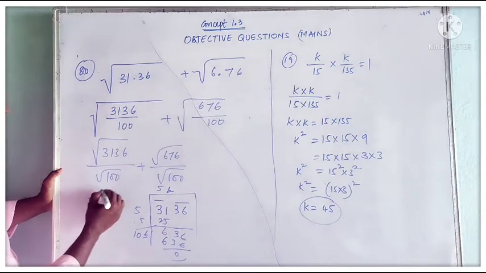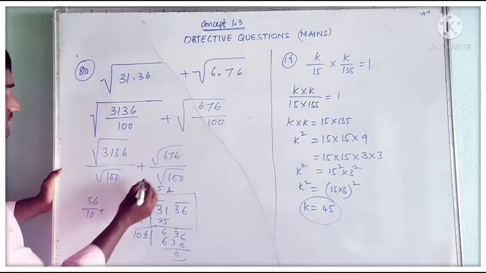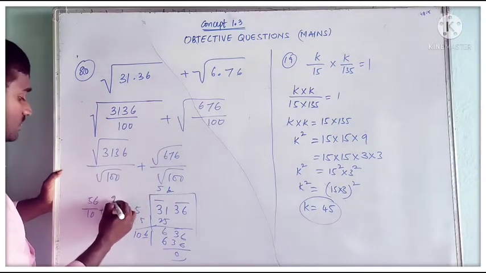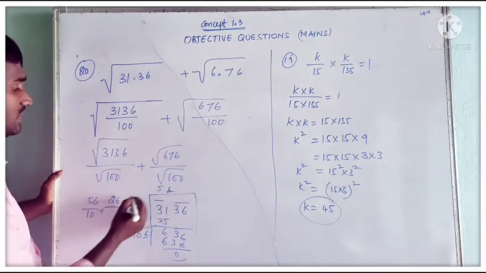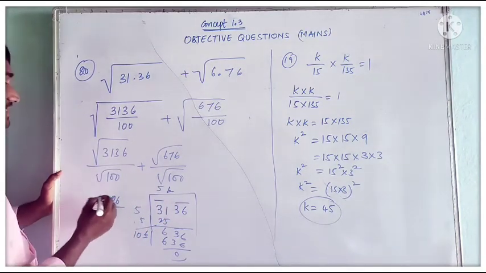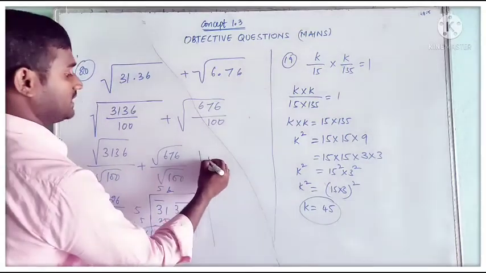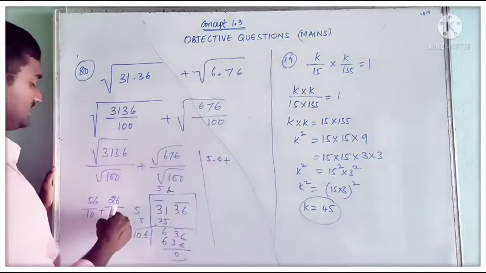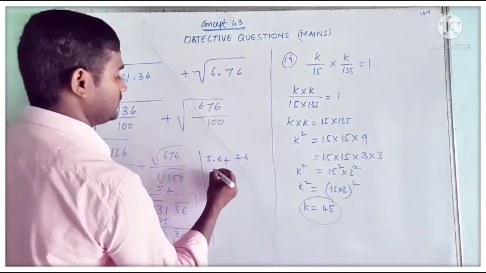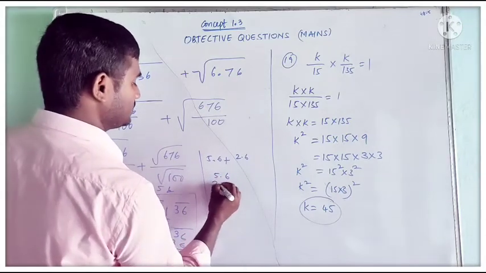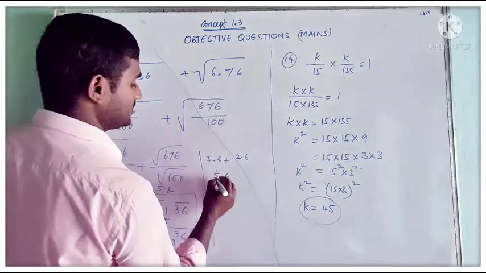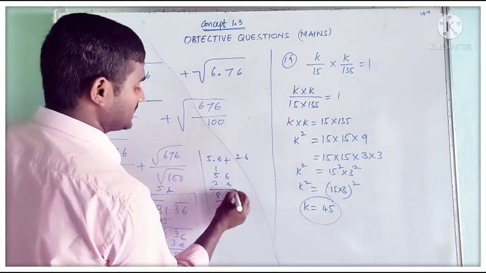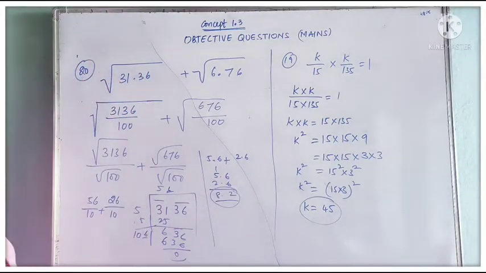So 56 by square root of 100, which is 10, plus square root of 676, which is 26, by square root of 100, which is 10. So 56 by 10 we can write as 5.6 and 26 by 10 as 2.6. If you add these two, 5.6 plus 2.6, we get 8.2. What is the correct answer? 8.2 is the correct answer for that.